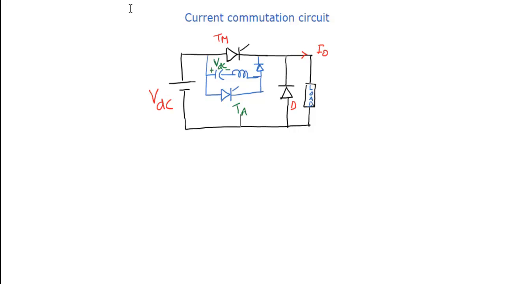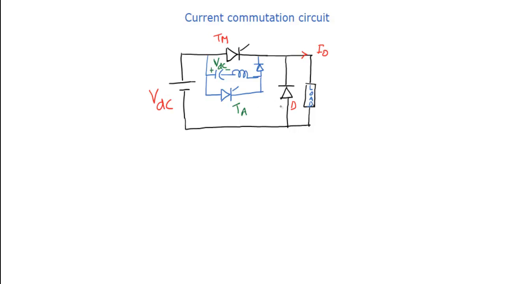The main difference between the voltage commutation and current commutation circuit is when you start commutating the thyristor, in case of voltage commutation, a charged capacitor will appear across it, but here a charged LC circuit will appear across it. So that's the main difference between these two.